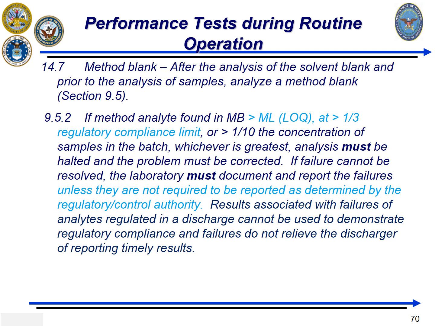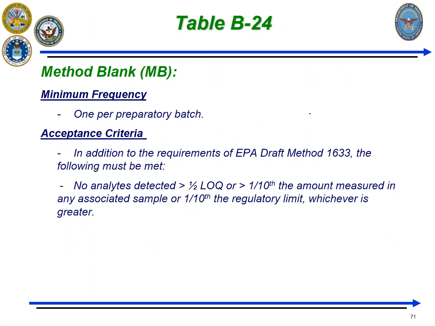So you have a bunch of things here, highlighted in blue. We obviously have some additional requirements relative to the QSM for those elements. So we evaluate our method blanks to a little bit more stringent requirements than Method 1633 does.